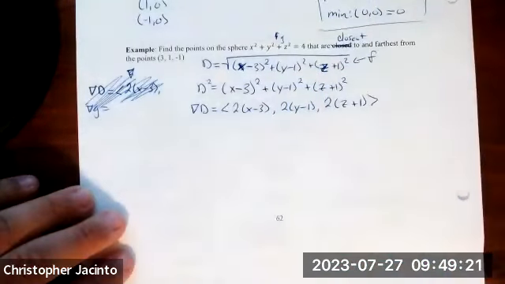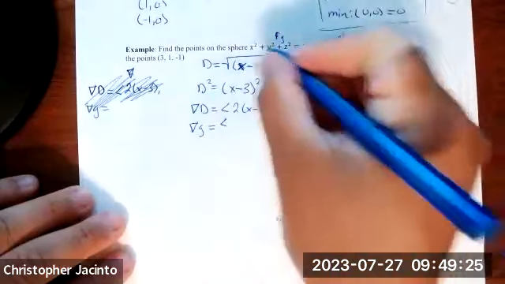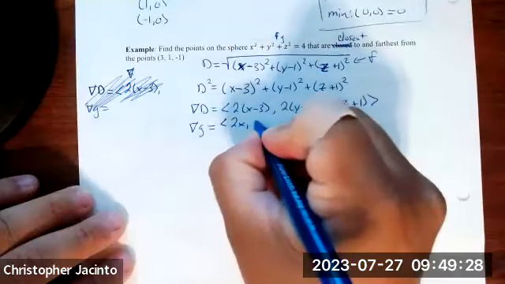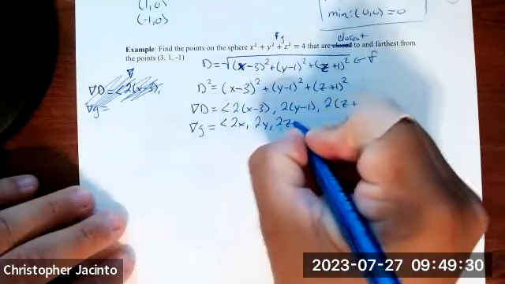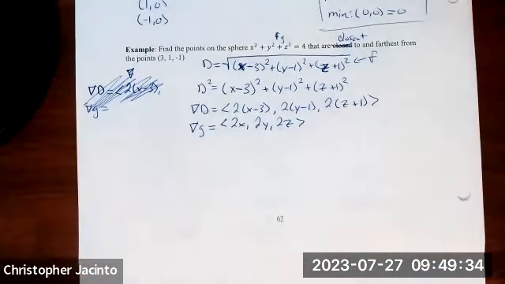Those are gradient of D, gradient of G, and you have your Lagrange multiplier lambda, right?